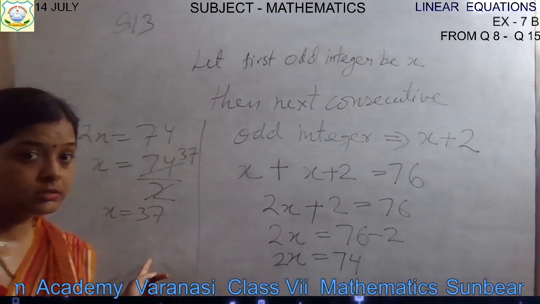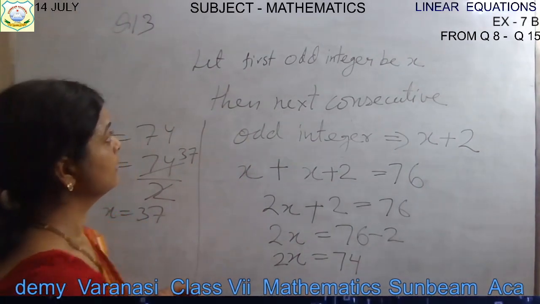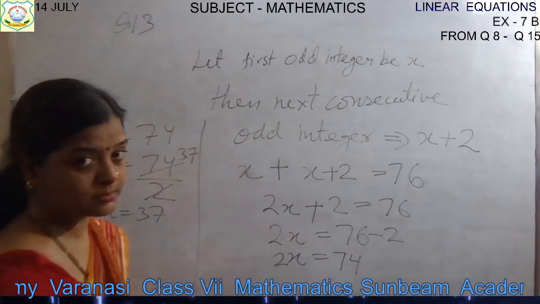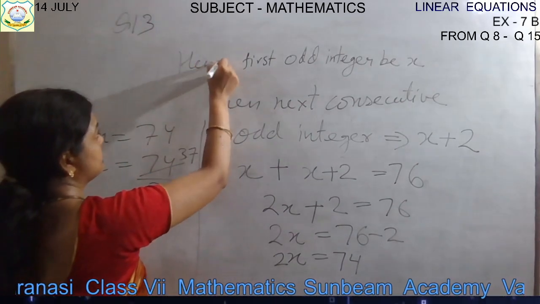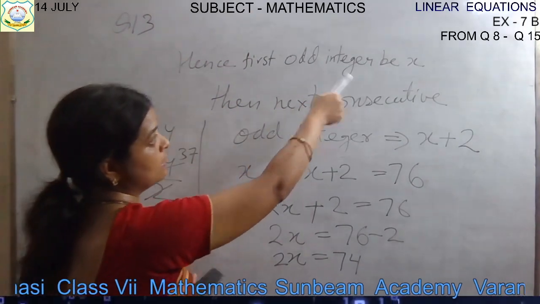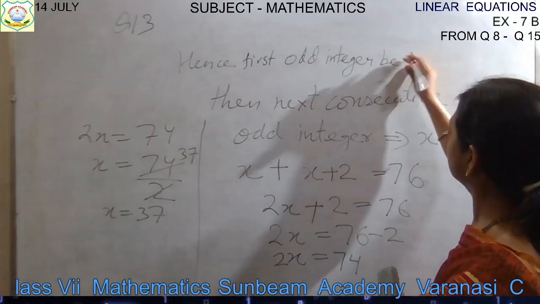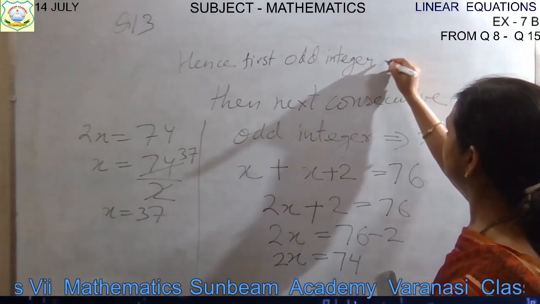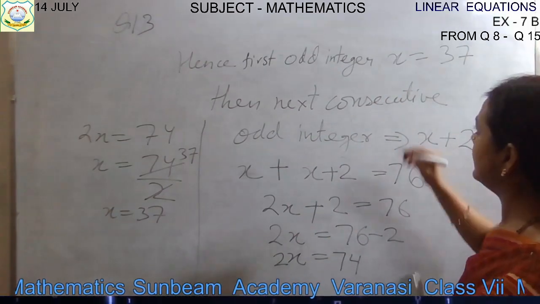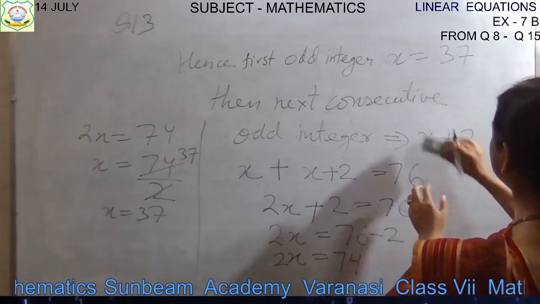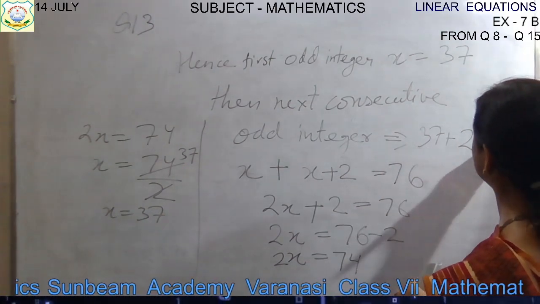And this is not our answer. We have to complete it in the statement form. After completing the question, in this place you will write hence. Hence, the first odd integer will be x, that is how much? 37. Okay, and the second odd integer will be 37 plus 2, that is how much? 39.